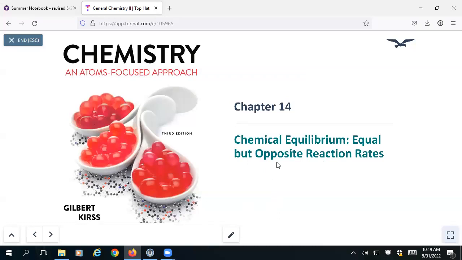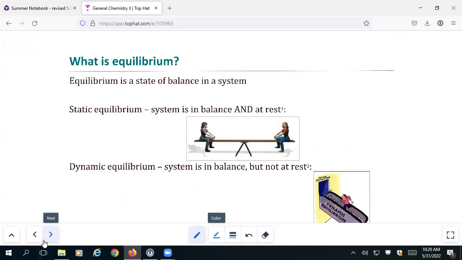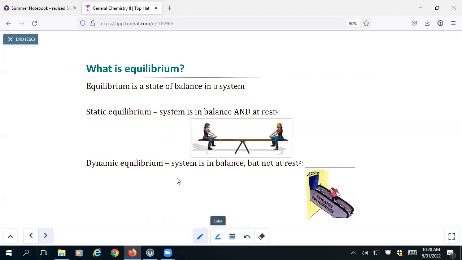So we are going to get started today looking at the next thing. The next thing is equilibrium, chapter 14. And so what we really need to start with and focus on is giving ourselves a good definition of what equilibrium is in the first place.